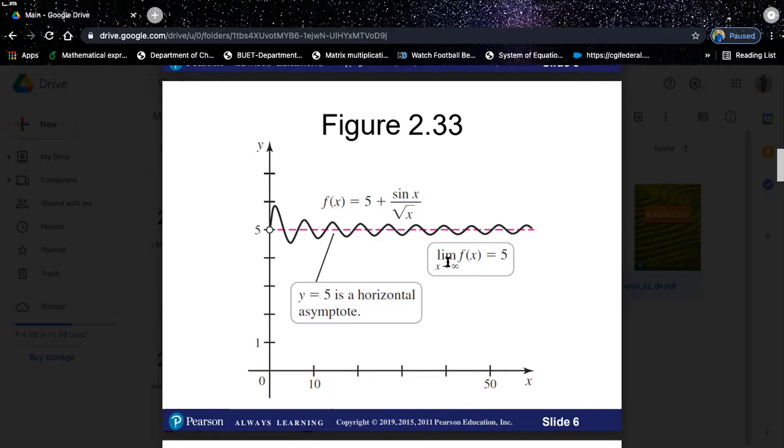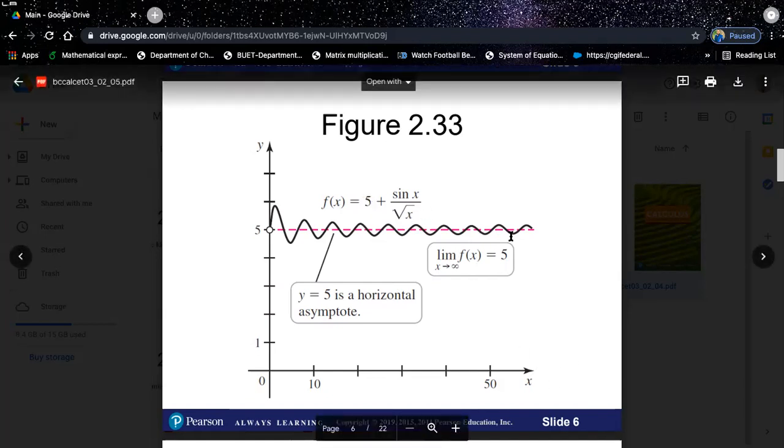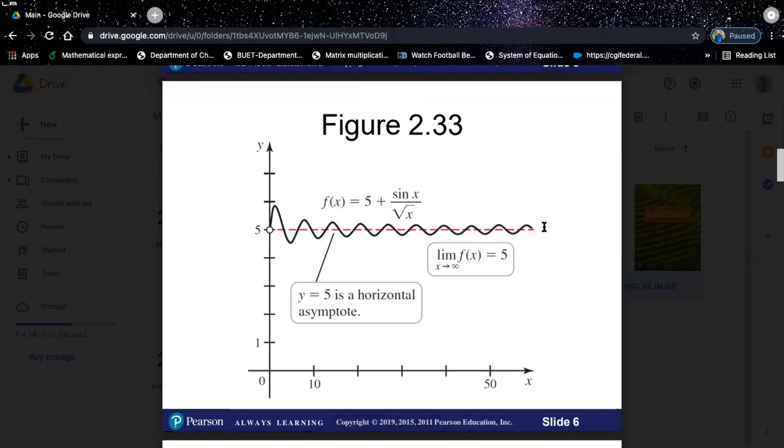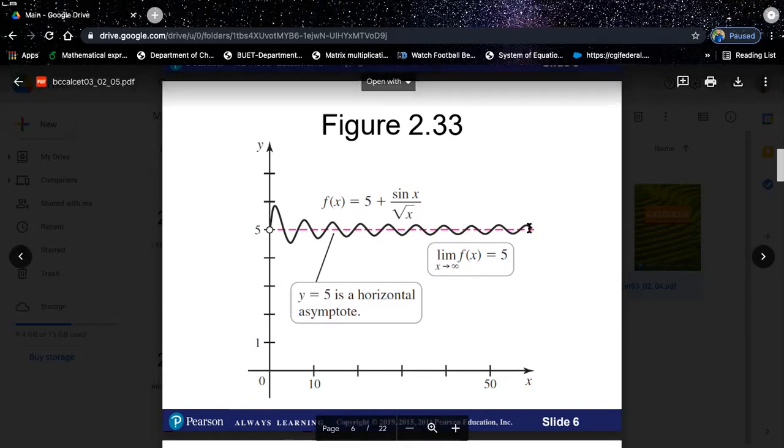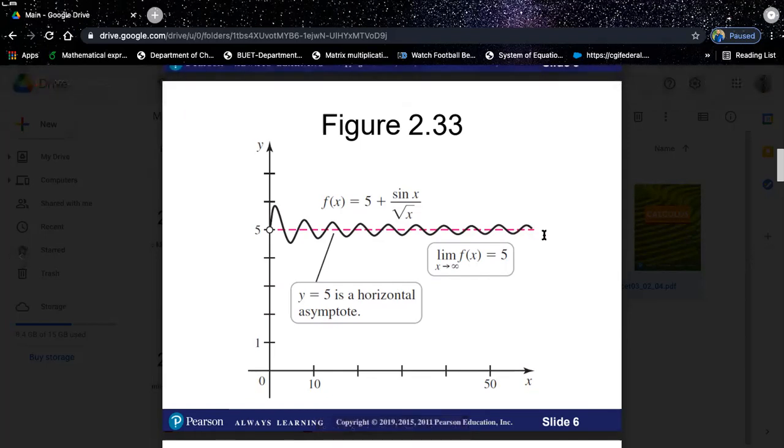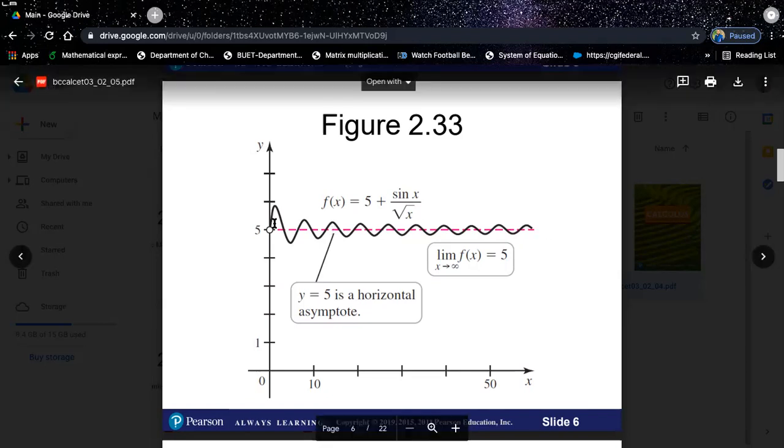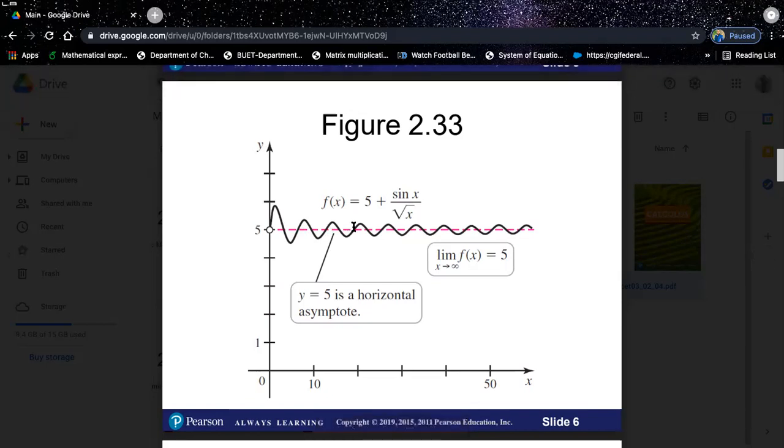And why is that? As you move towards positive infinity, you will see this graph is moving really, really close to this line 5. It's not really going too far away. And if you go really, really big, it will seem like it's going over that line, or it will almost match with each other. As you can see, the oscillation is getting smaller and smaller.